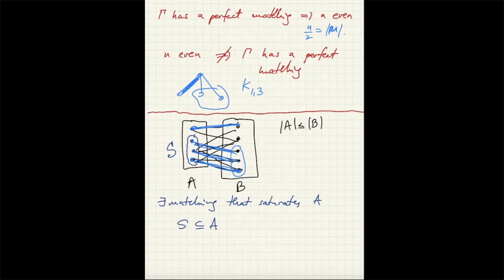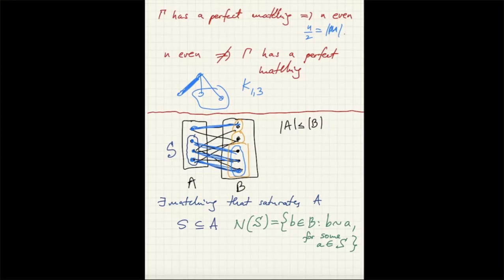Now, if we look at the following set, the neighborhood of S, it consists of all vertices b on the right side such that b is adjacent to some vertex a in the set S. In this picture, N of S contains these 3 vertices, but it also contains this vertex and this vertex.